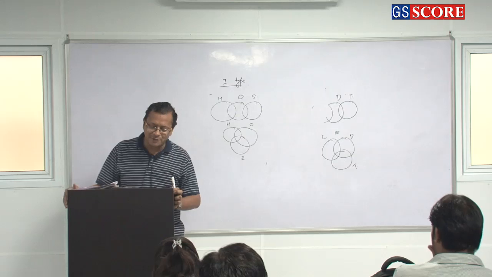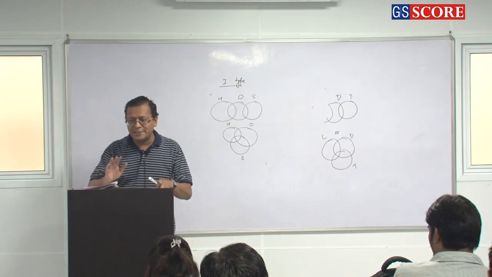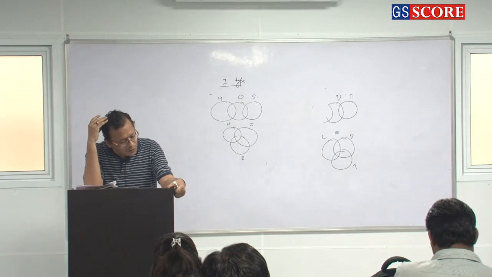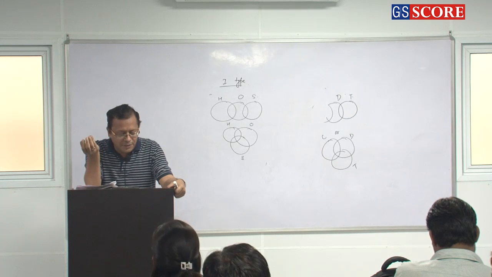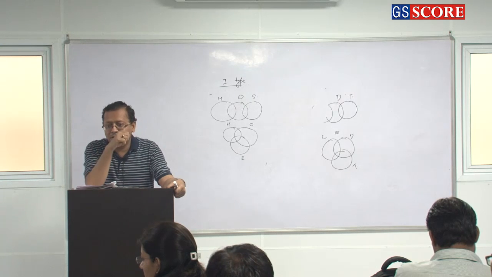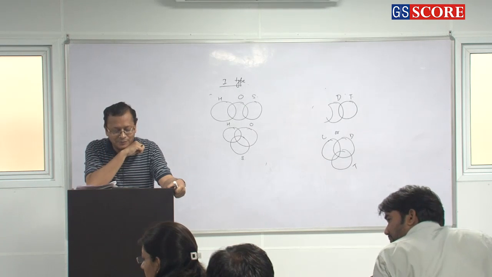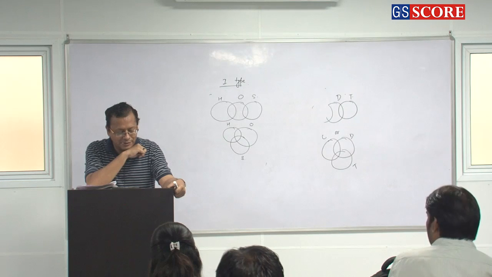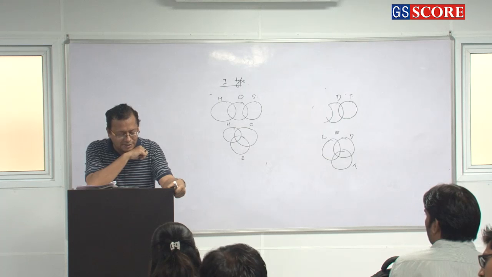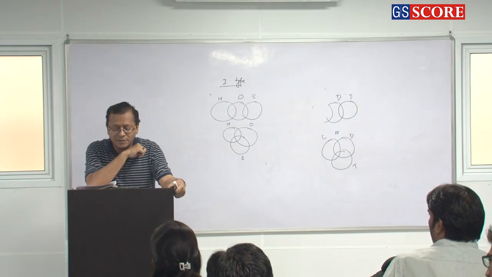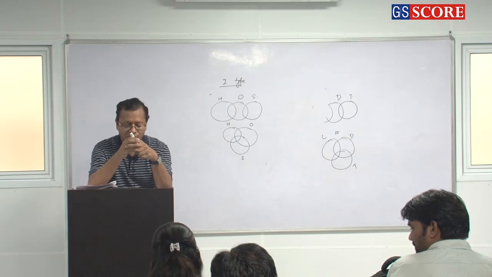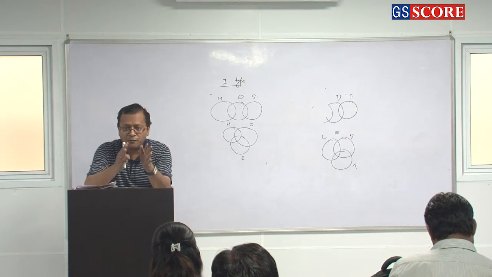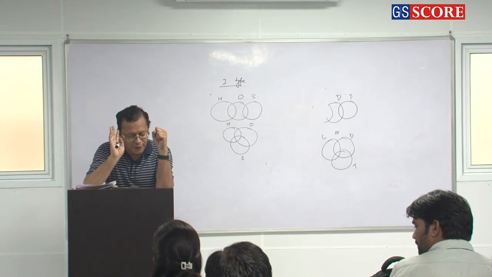Some taxis have horns, some taxis have lights. Okay, can you please explain why 1 and 2 cannot follow simultaneously? Some taxis have neither horn nor light. Some and every cannot follow simultaneously, so 1 and 2 will not follow.